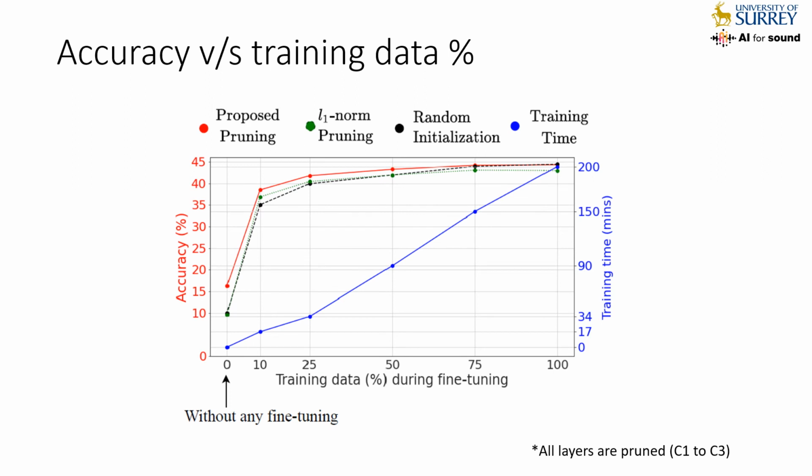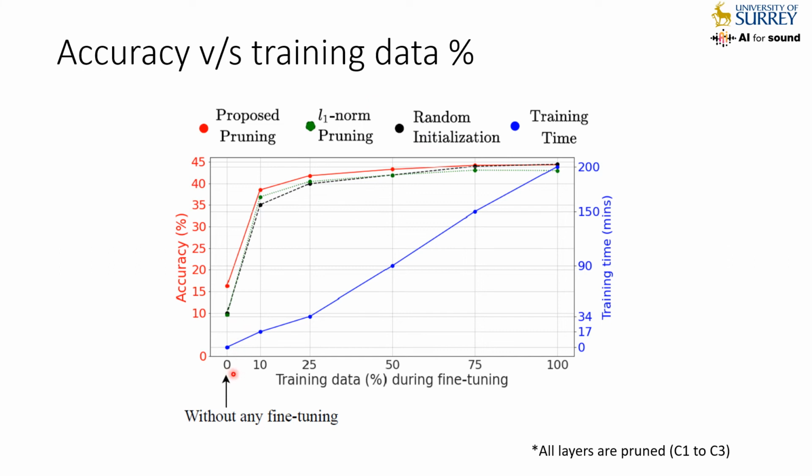Next we analyze the accuracy versus training data percentage. We find that without performing any fine-tuning, the accuracy obtained using the proposed pruning method is around 5 to 6% better than that of the random initialization and the norm-based pruning method.